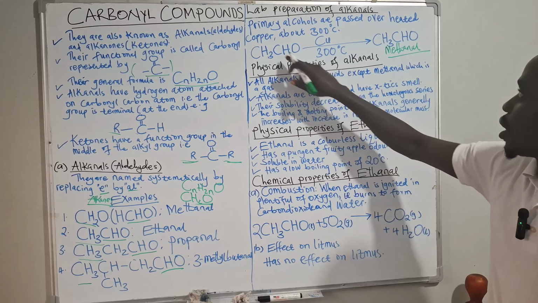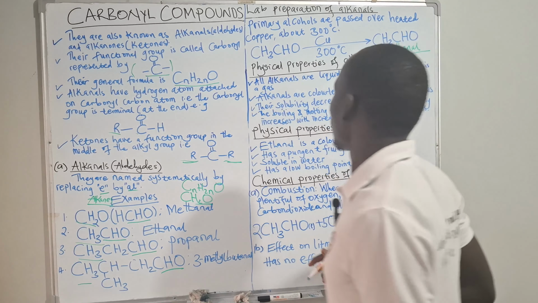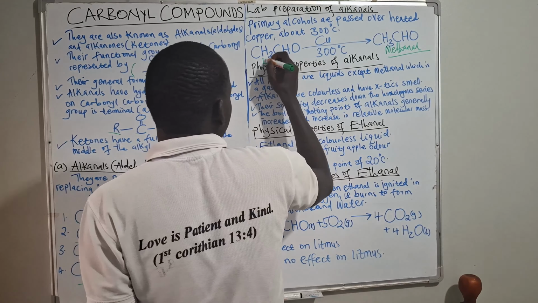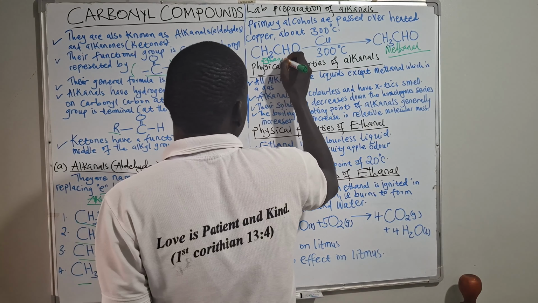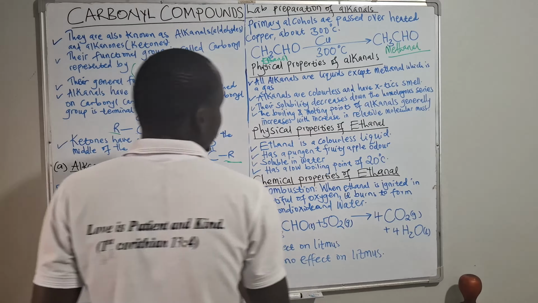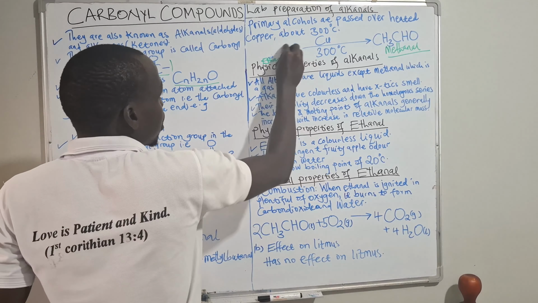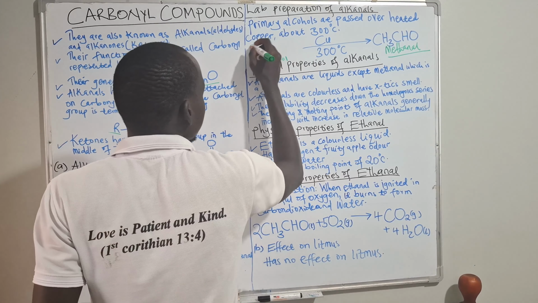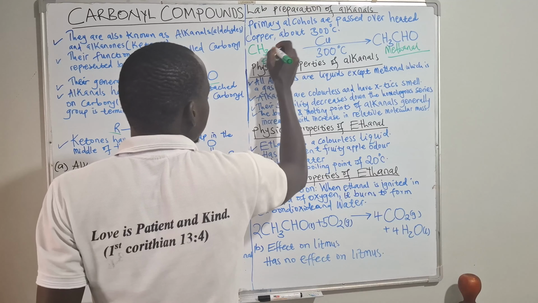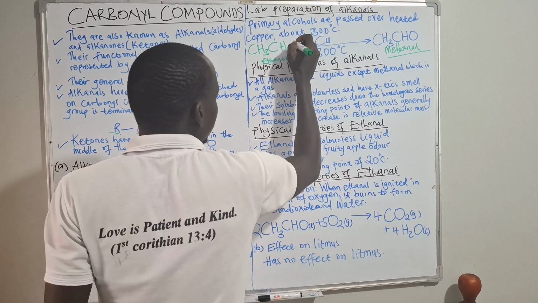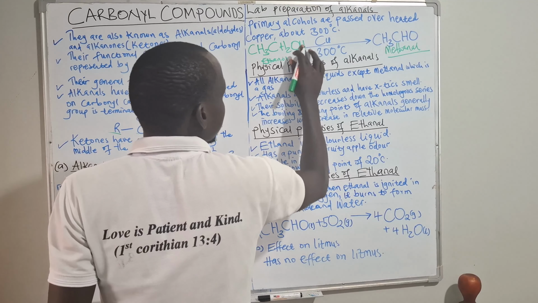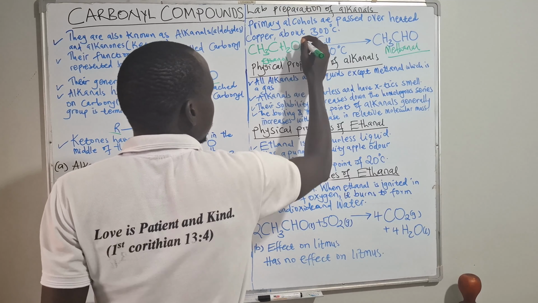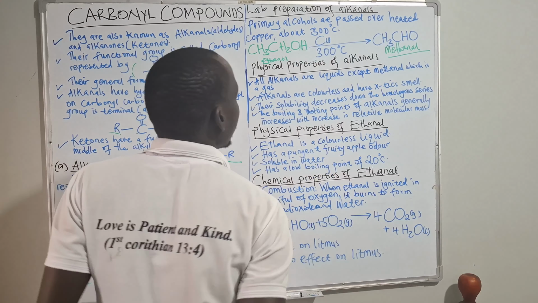Now this one needs correction. This one here is an alcohol. It is ethanol, not methanol. So this one here is supposed to be CH3CH2OH.